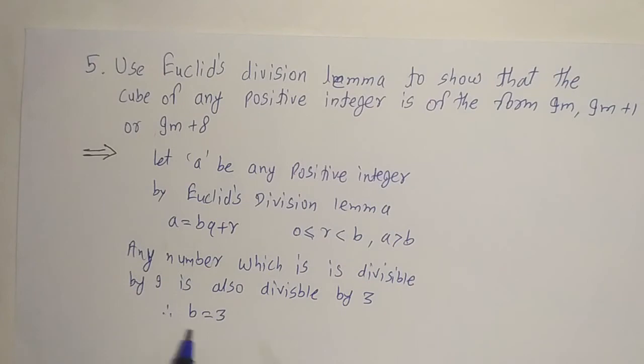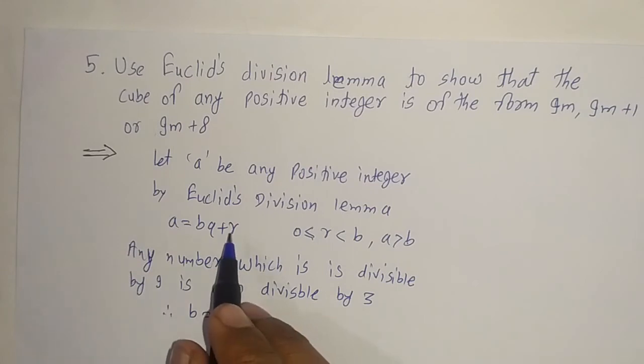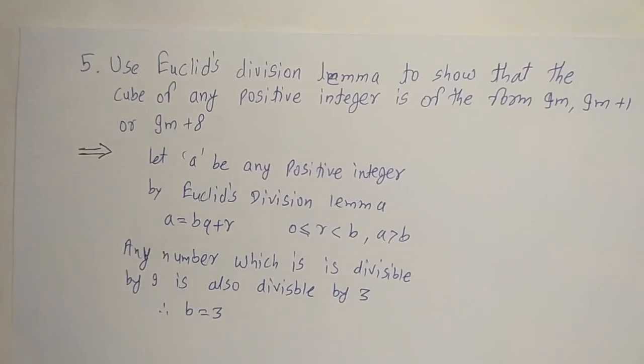So by applying this concept, we have reduced the value of b from 9 to 3. So if b equals 3, correspondingly you get 3 different values of r. So the number of equations is now reduced from 9 to 3, which is a lot easier for you to solve the problem. So the important step in this problem is that you have to take the value of b as 3, because it will help you solve the problem in a few steps.